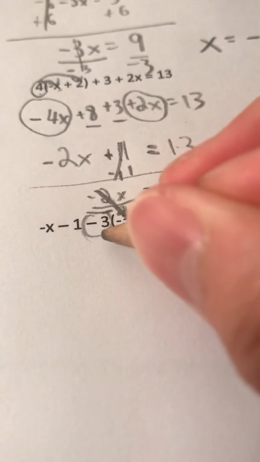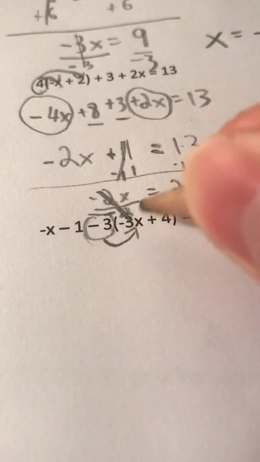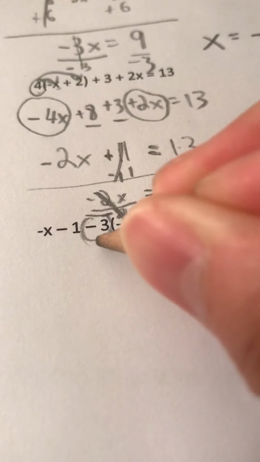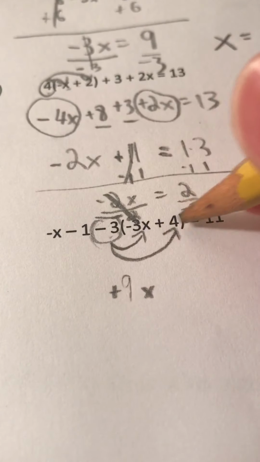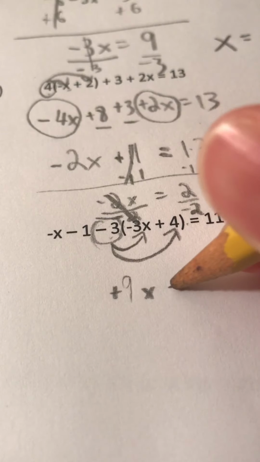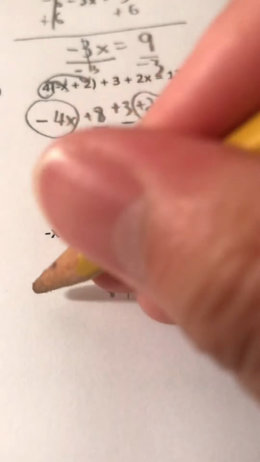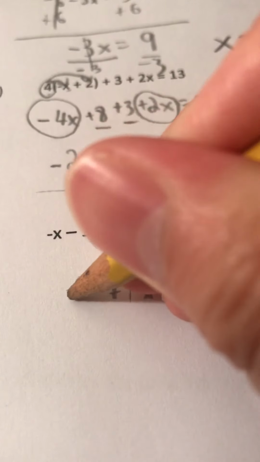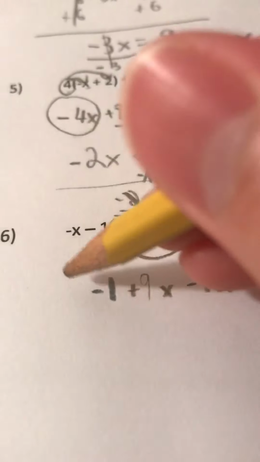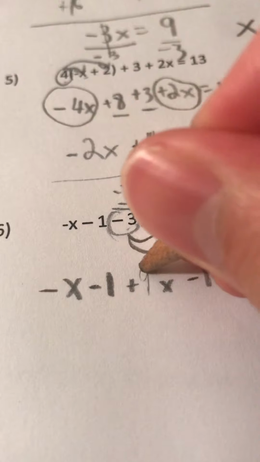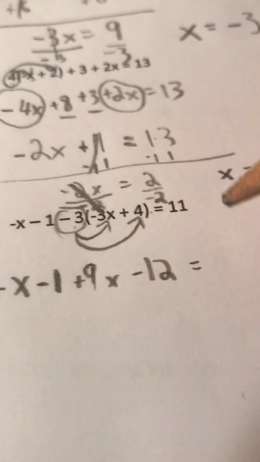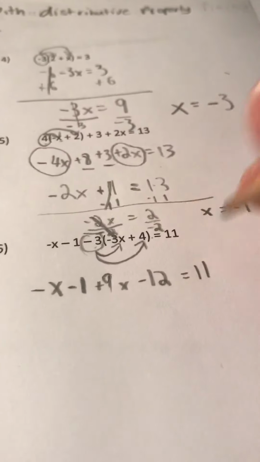So -3 is going to distribute to the -3x, and it's also going to distribute to the +4. So -3 times -3x is a +9x, and -3 times a +4 is going to be -12. I'm going to still have this -1 and this -x here because it wasn't in the parentheses, so I didn't distribute to it, okay? And of course, on the right side, I still have that equals 11.